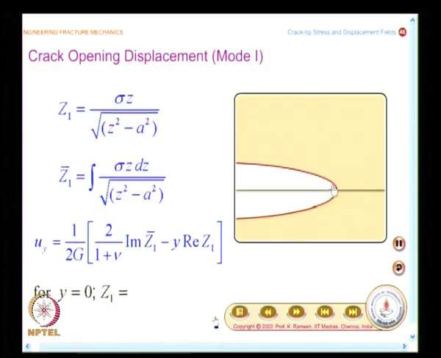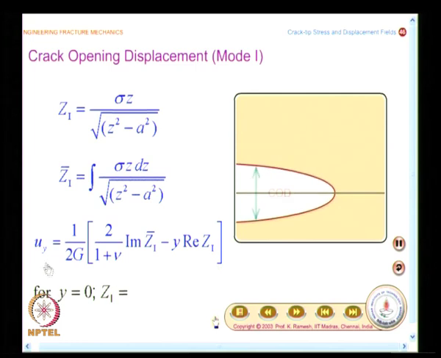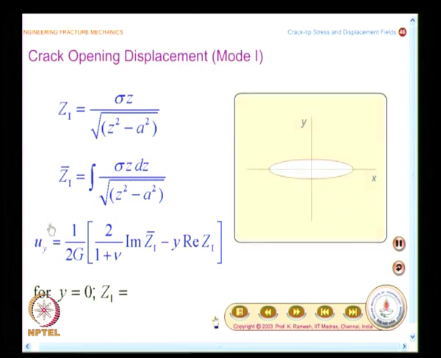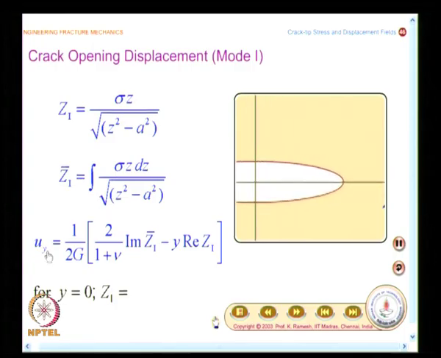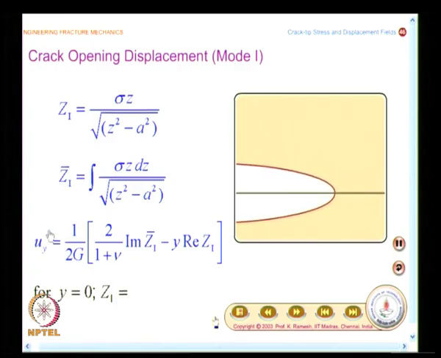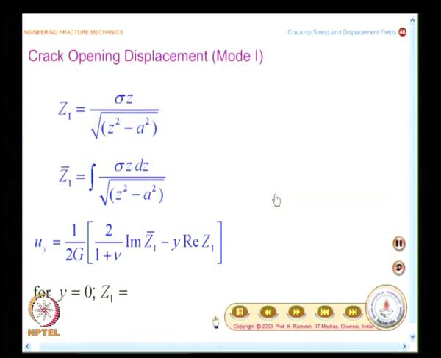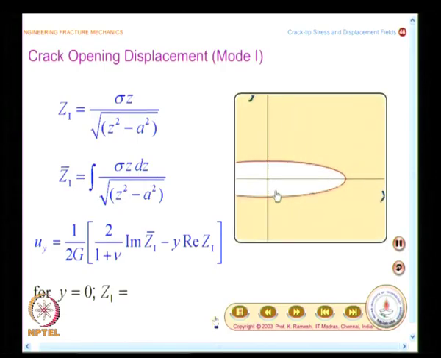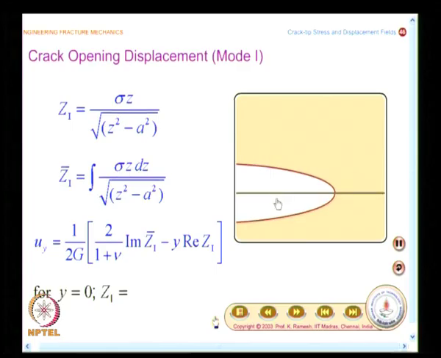You have to keep that in mind while we develop the steps. Then you can be clear that we are really finding the COD, the crack opening displacement, which is nothing but the displacement uy multiplied by 2, because on the other side, the bottom, the same value of uy will be there. So it is actually twice uy.